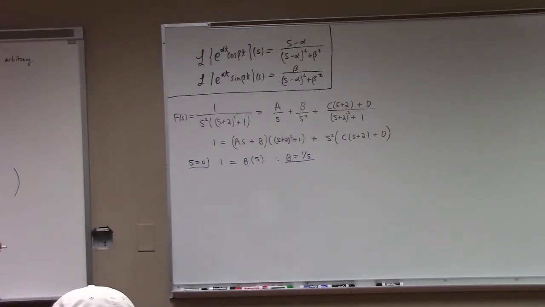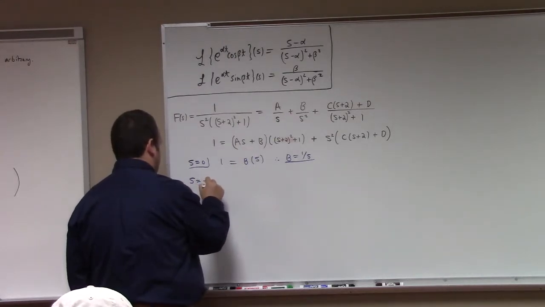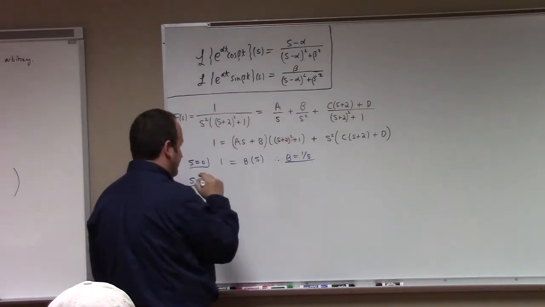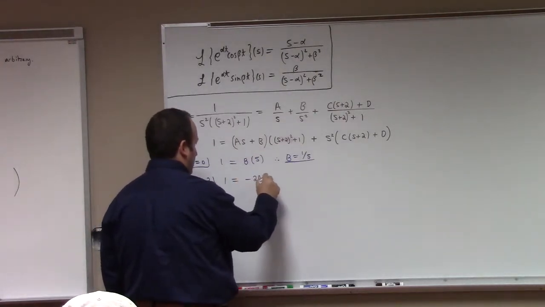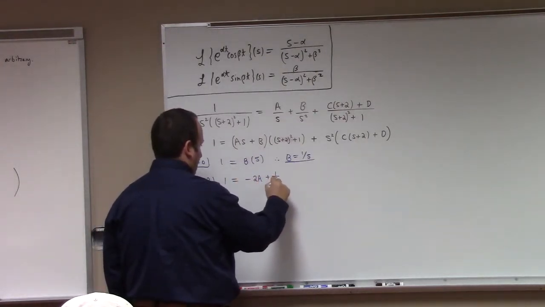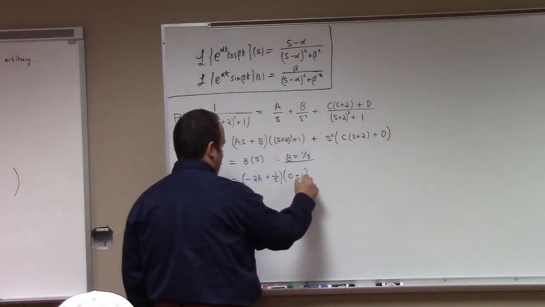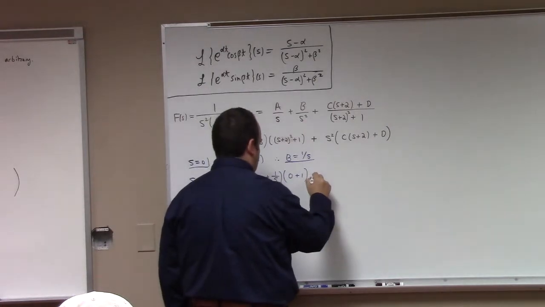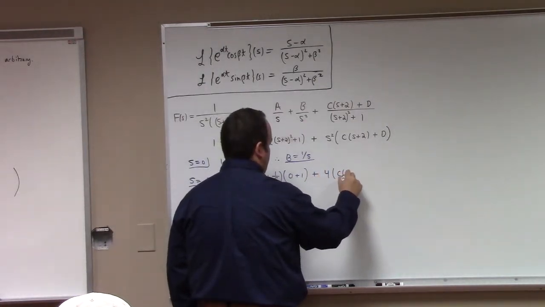I think s equals minus 2 is a good choice, right? What happens with that? We get minus 2a plus 1/5 times 0 plus 1 plus my s squared was 4 times c times 0 plus d.